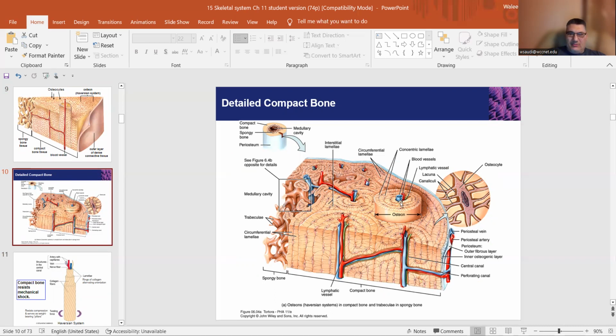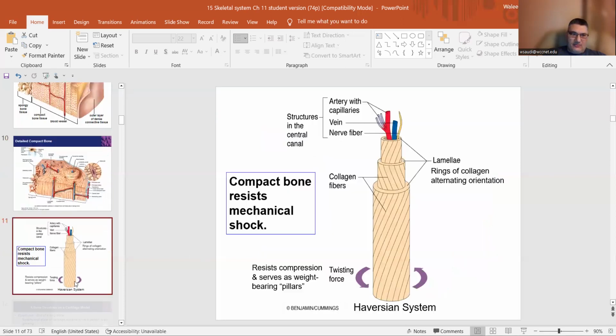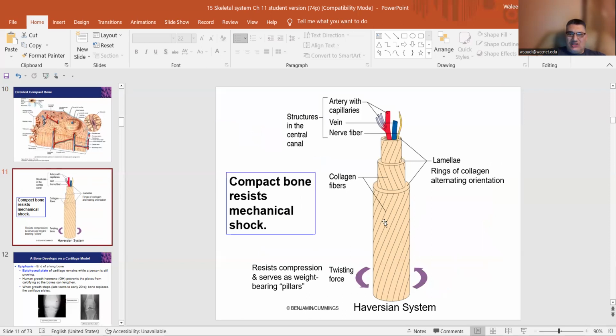This is compact bone with the osteons. In the middle, there is a canal that contains the blood vessels, and this is inside here. This is the spongy bone with these trabeculae. This is just a picture showing you how the osteon looks from inside, layer after layer. That's it. I just want you to understand how it looks. And in the middle, the canal contains the blood vessels and a nerve.